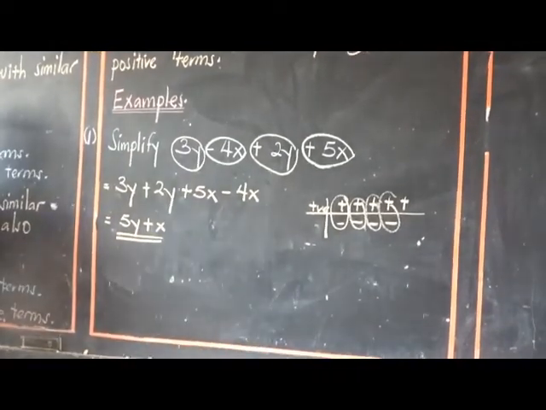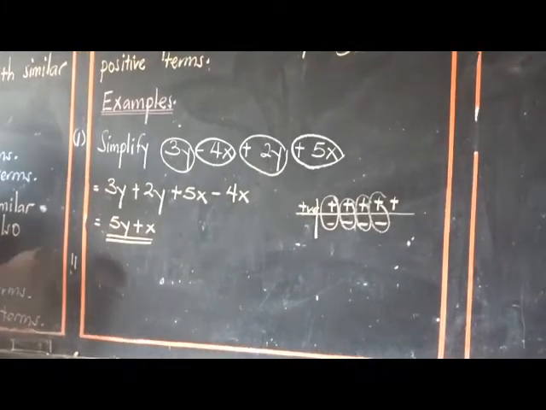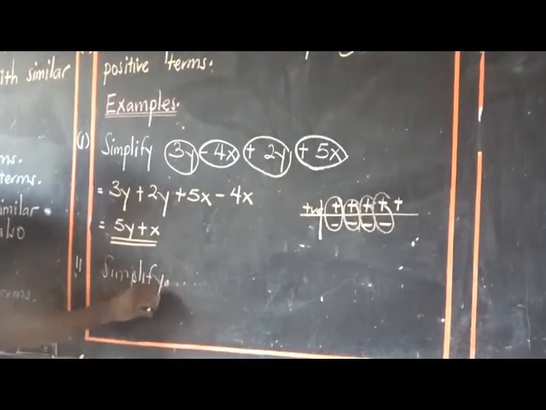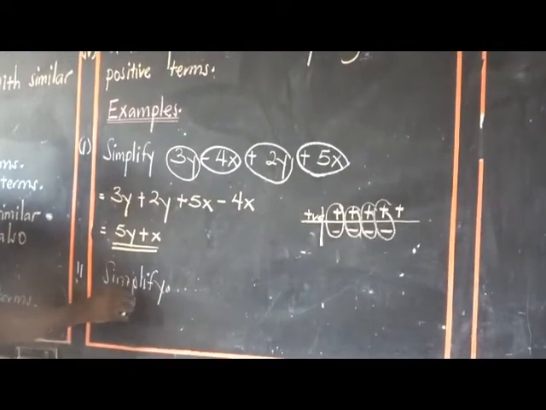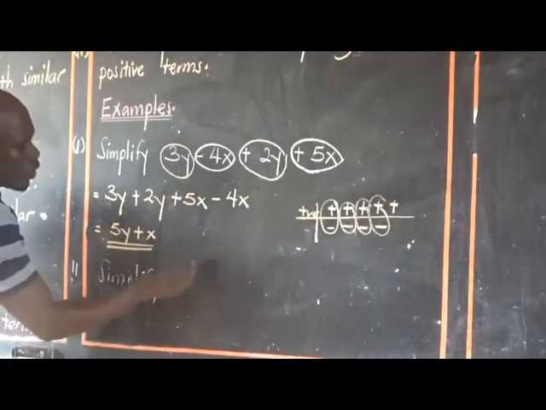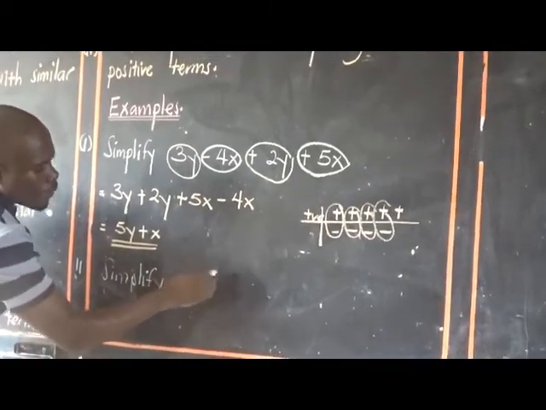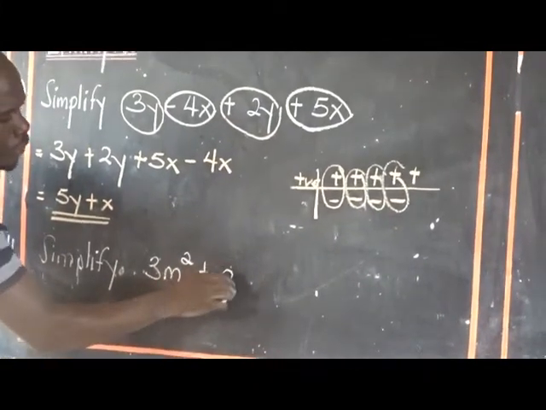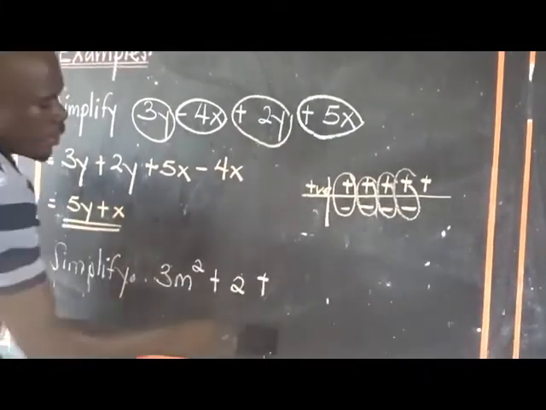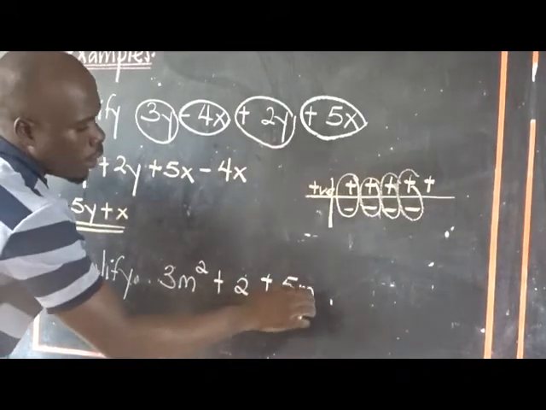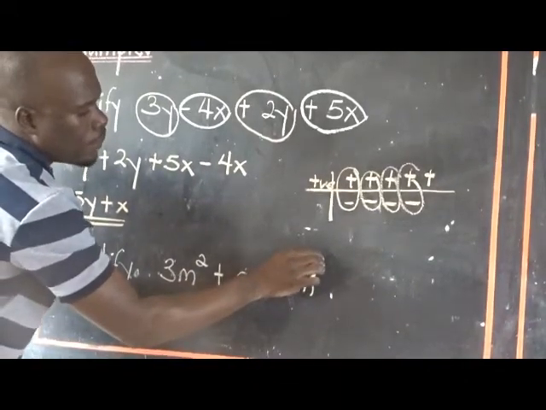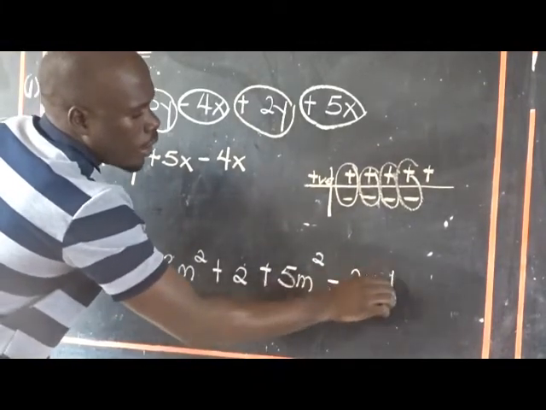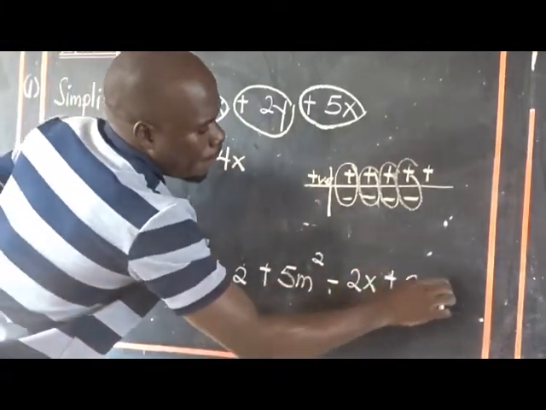Let's look at another example. Simplify. 3m squared plus 2 plus 5m squared minus 2x plus 2m.